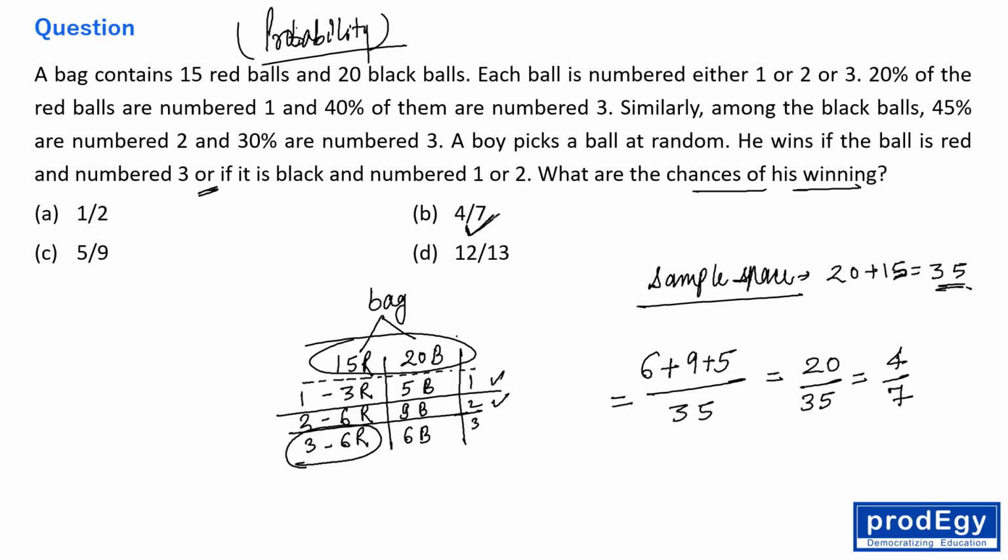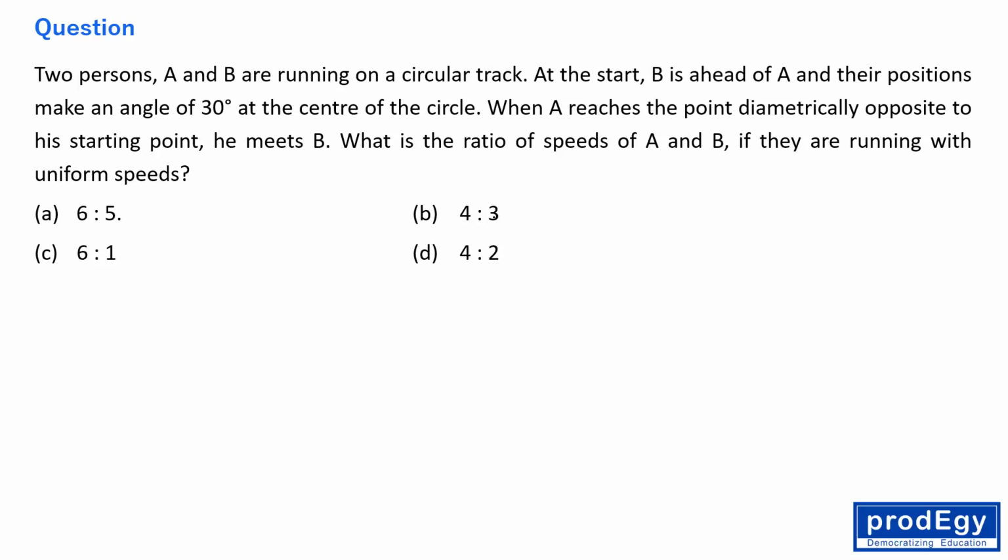Now let's talk about the next question. Two persons A and B are running on a circular track. At the start, B is ahead of A and their positions make an angle of 30 degrees at the center of the circle. See everyone, this is a semicircle and this is, let's say, the center.